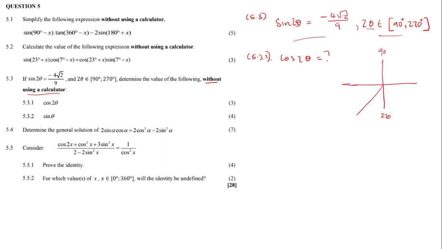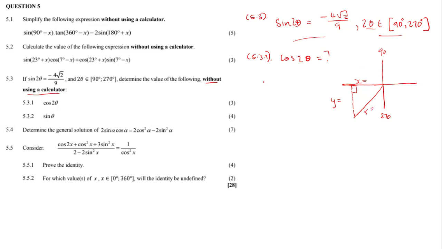And make sure that when you draw your right angle triangle, you go to your x-axis all the time. So you go to your x-axis, and therefore your line that is parallel to your y-axis will be called y, the line parallel to your x-axis will be called x, and the line that is opposite to your 90 degrees will be your hypotenuse, which is denoted by the letter r.